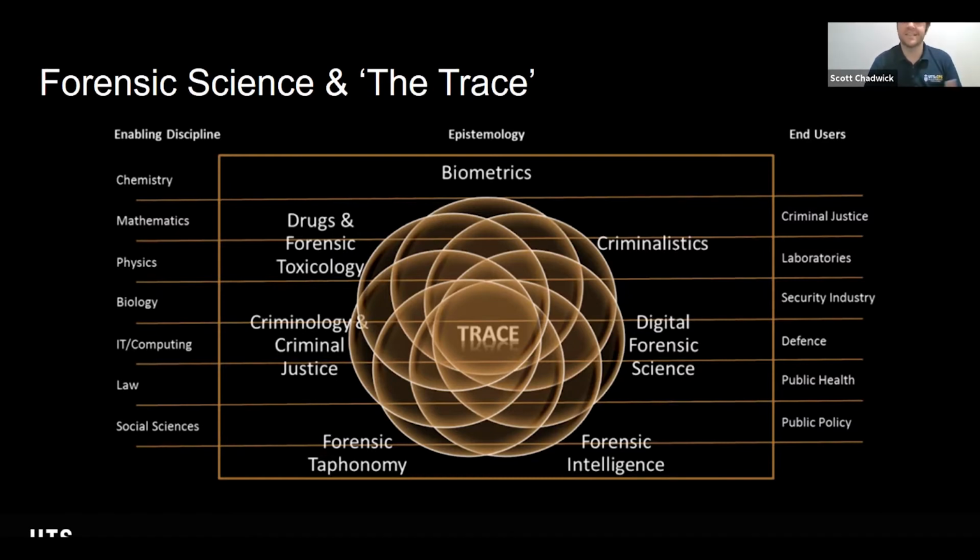And even the IT and computing areas. Now, a big area of the dark web is the sale of illicit drugs. So using our digital forensic skills or the IT and computing knowledge, we can apply that to getting a better understanding of how drugs are sold online.